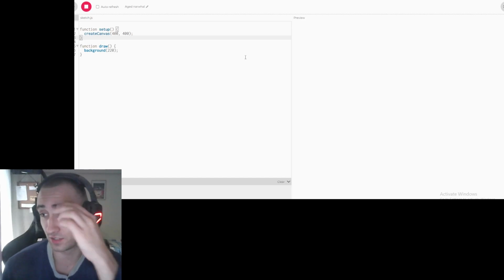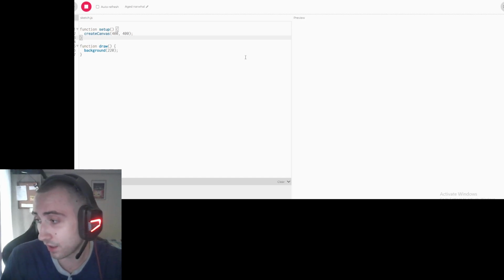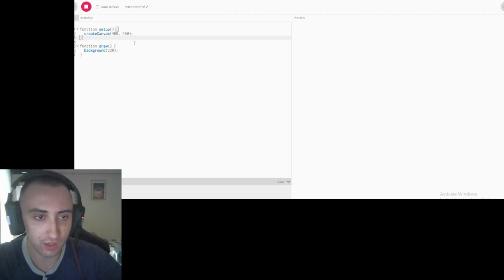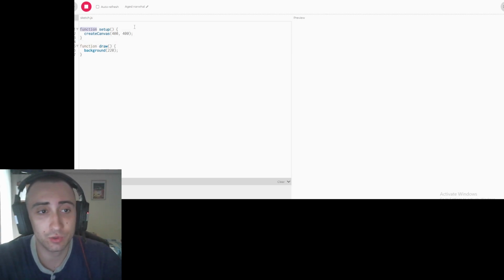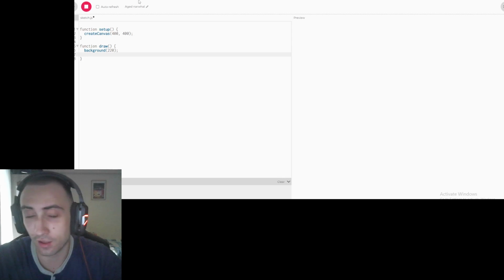I made a nice example of Bezier curves. I am kinda not used to coding, so the setup and the draw is what gets updated all the time.